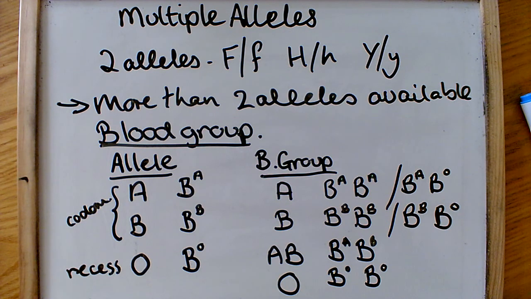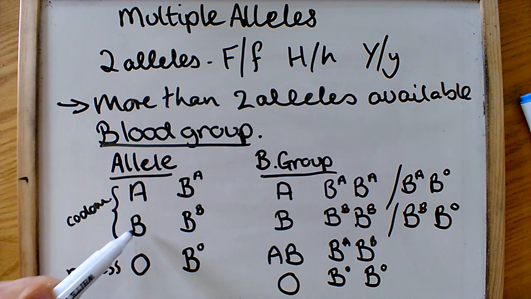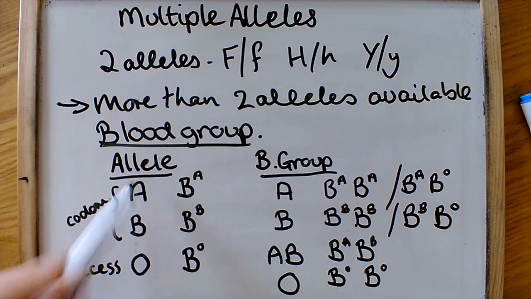Now, in other examples, and there are many, many examples of multiple alleles, sometimes you can go for an order of dominance, in the same way as you could have an order of reactivity in metals. So, you could get one where A was the most dominant, B was dominant to O but not dominant to A, and then O would be the least dominant.